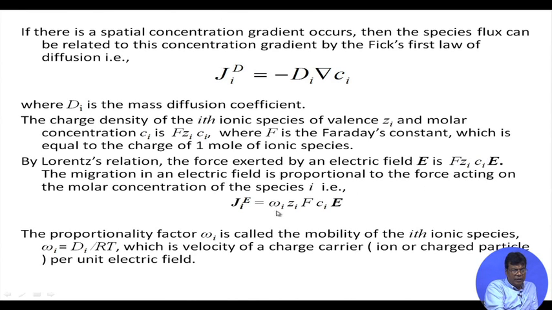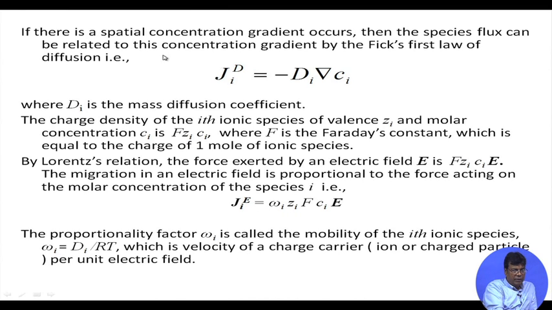These ionic species will have a flux due to the presence of an electric field, which is proportional to this net amount of charge. This proportionality constant, omega_i, is called the mobility of the ith ionic species. Mobility is basically the velocity per unit electric field; that is how mobility is defined.